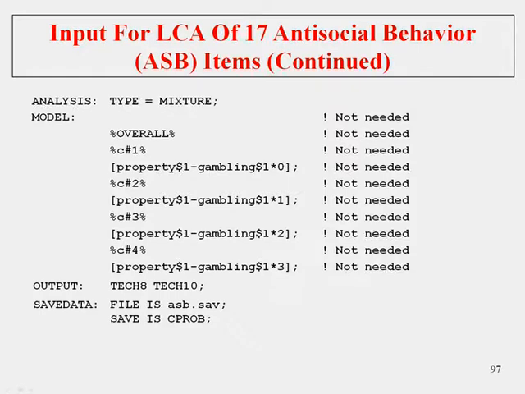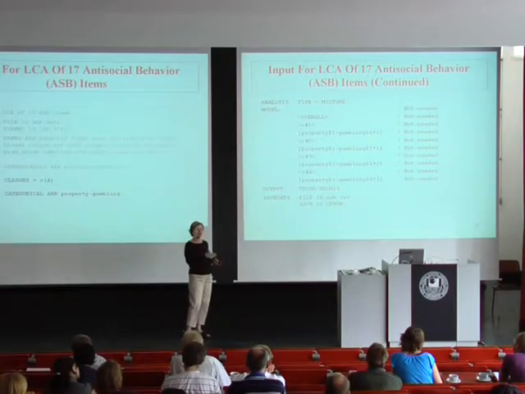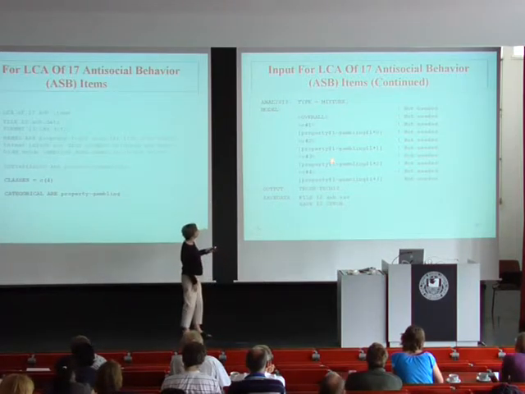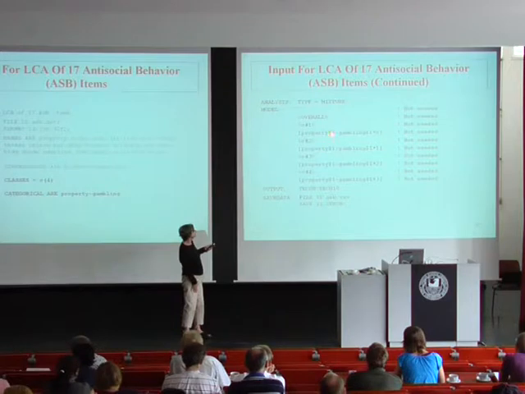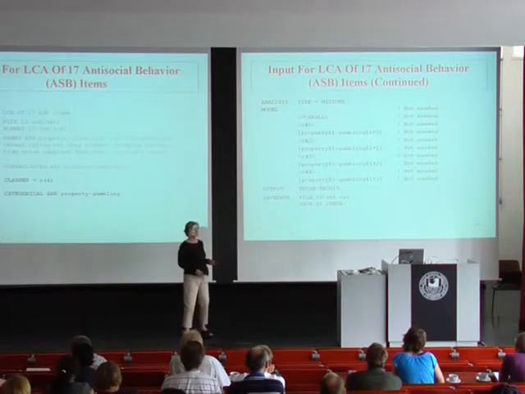So we're having binary items here, but it is possible to have ordered polytomous items, and then you have more than one threshold, and you want to be able to refer to those thresholds. So we use the convention by adding $1 or $2, $3 to the end of the variable name to specify which threshold it is. And binary items have two categories, so they have one threshold. And here, asterisk, that's the first time we've seen that.